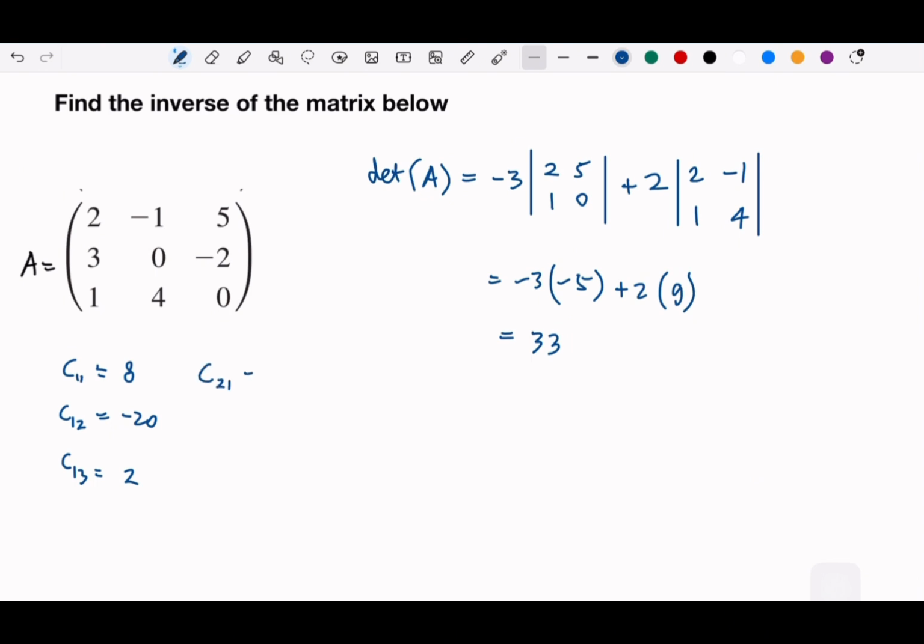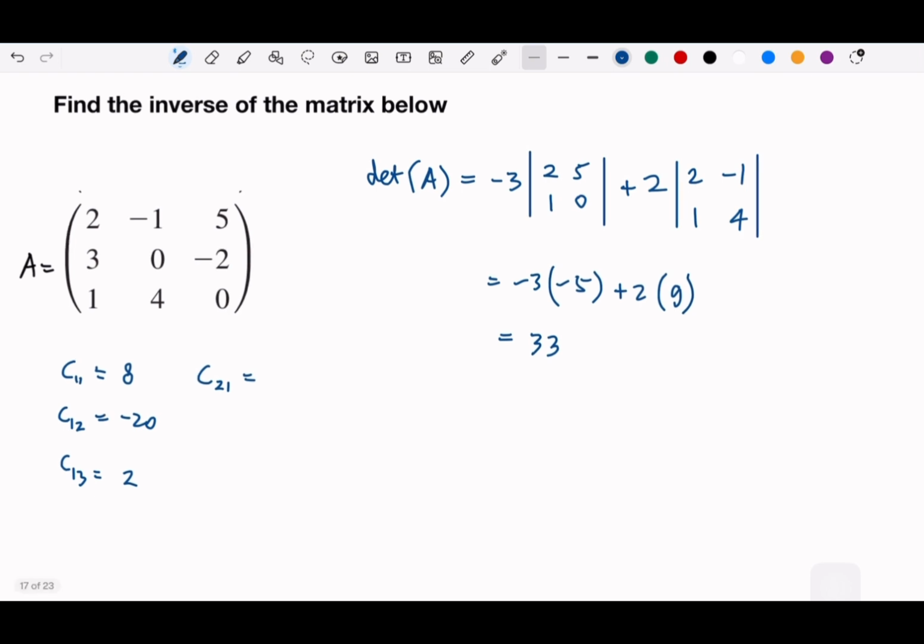2,1. Or row 1, row 2, column 2. Should be 2,1 here. Wrong, right? Should be 2,1. Row, column, right? Yeah, sorry.